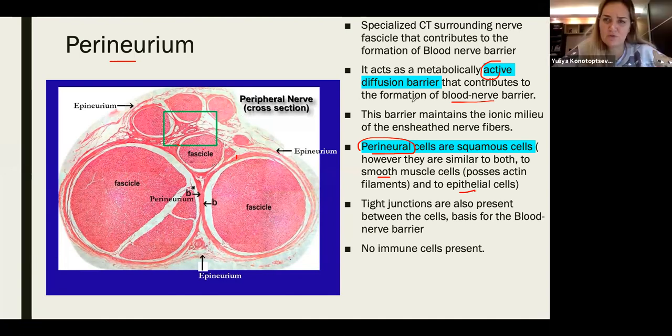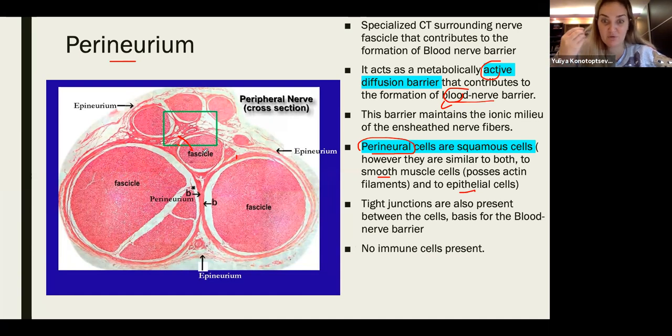Not really, no. Whenever we say that this is a blood nerve barrier, we don't necessarily mean that blood itself should not go here. We mean that whatever is in the blood, like toxins, bacteria, viruses, they should not be able to cross this layer and get here, but not the blood itself, yeah? So if the blood surrounds this nerve, it's fine.